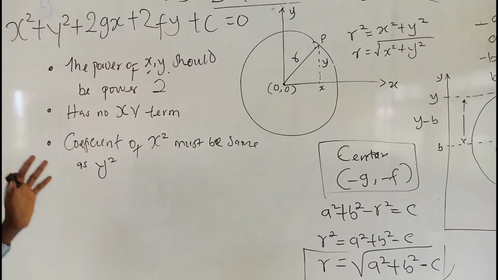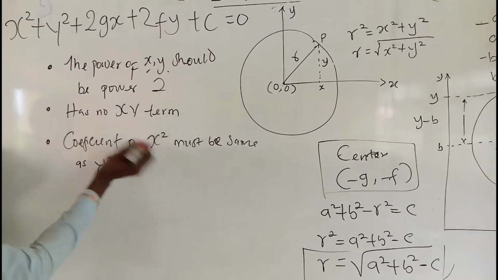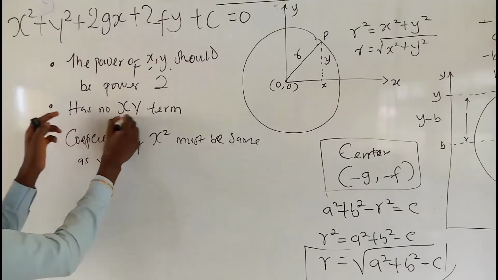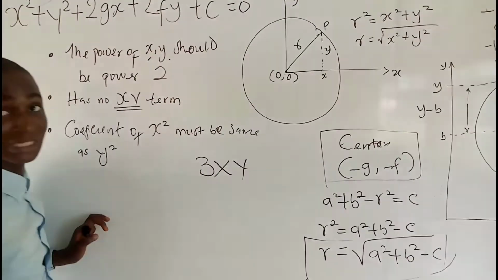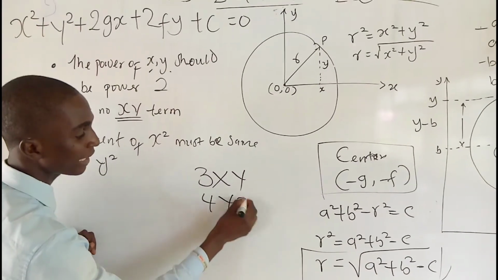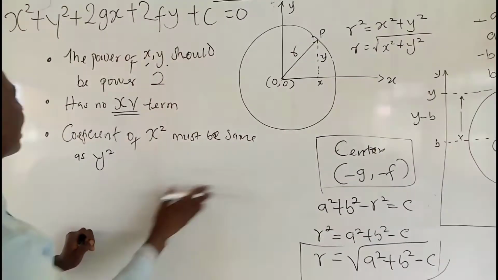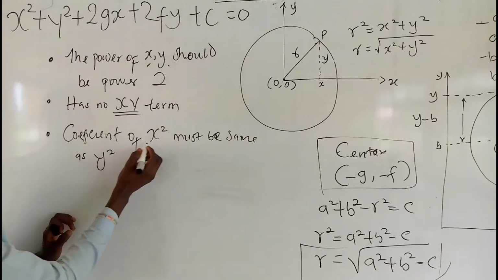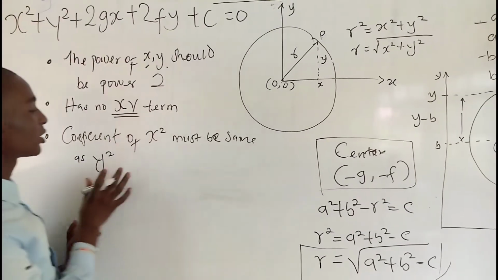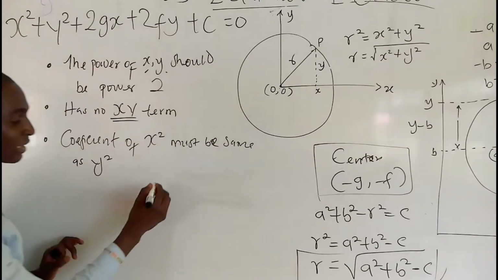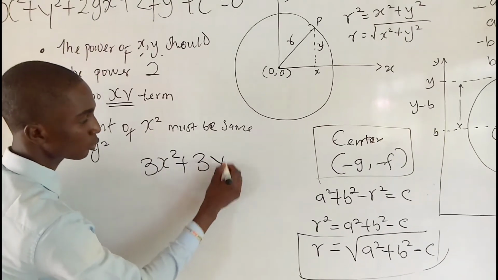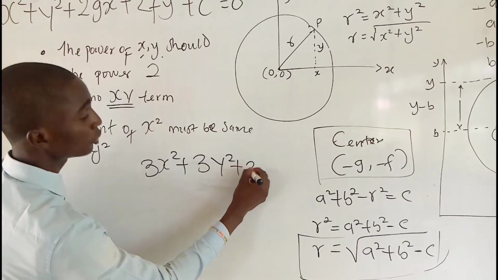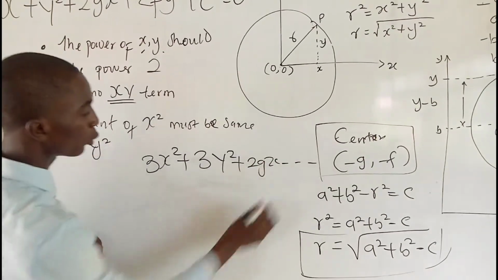Another thing is that the equation of the circle has no xy term, for example 3xy or 4yx. And finally, the coefficient of x squared must be the same as that of y squared. If I'm having 3x squared, it should be plus 3y squared plus 2gx and so on.